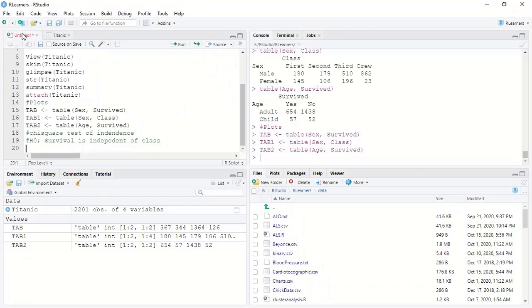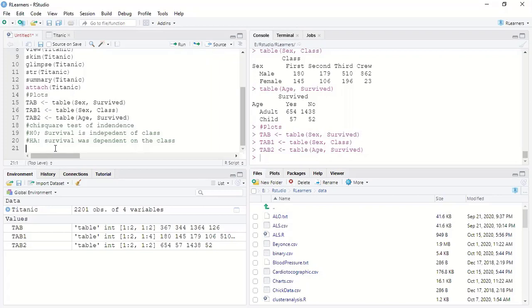Therefore, the alternate hypothesis, sorry, will be that survival was dependent on the class. Therefore, we do a chi-square test.